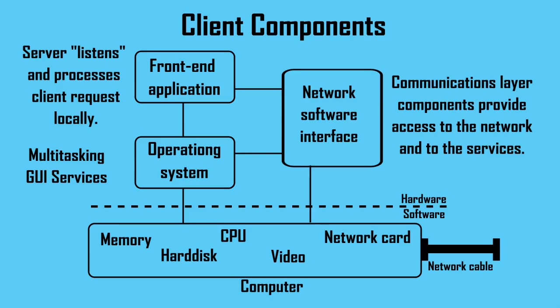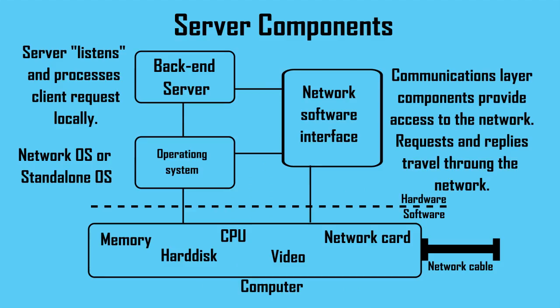As you can see from the diagram, these are the client components, where you have a computer at the bottom, where within this computer there's a CPU, there's memory, there's a hard disk, there's a network interface card, and other components within this particular client.